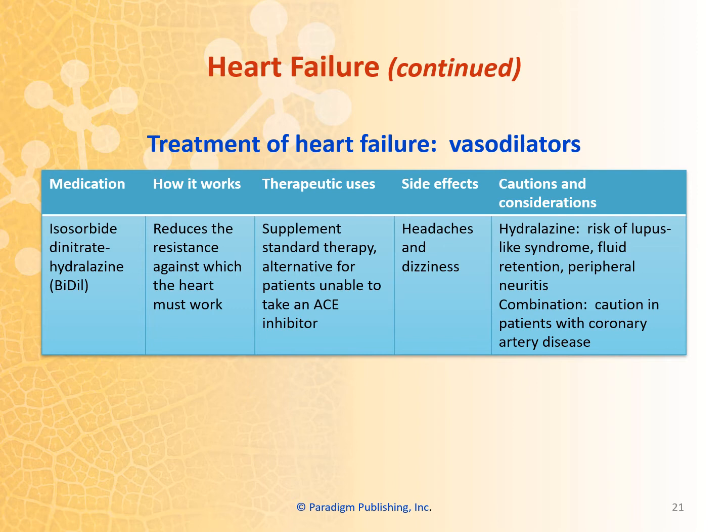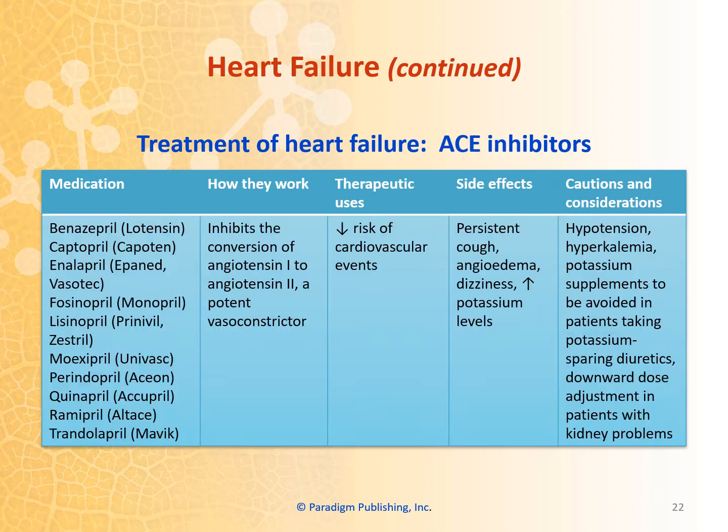Treatment for heart failure includes a vasodilator, such as isosorbide dinitrate. The way it works is it reduces the resistance against which the heart must work. Another one would be ACE inhibitors, which would be Lotensin, Capoten, Monopril. A lot of the ACE inhibitors end with -pril, P-R-I-L.